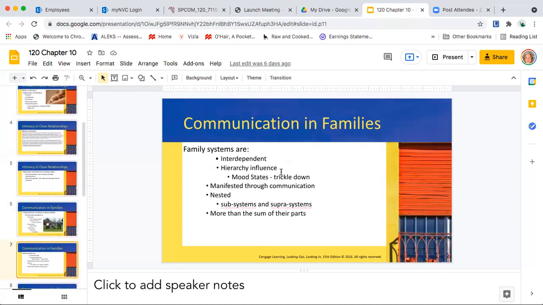Okay. Also, family systems are interdependent. So you grow up again with your roles, and everybody's depending on each other to do something in the family. That could be the obvious things like chores, and like parents go to work, kids go to school, things like that. But it also can mean that you're interdependent because of behaviors.